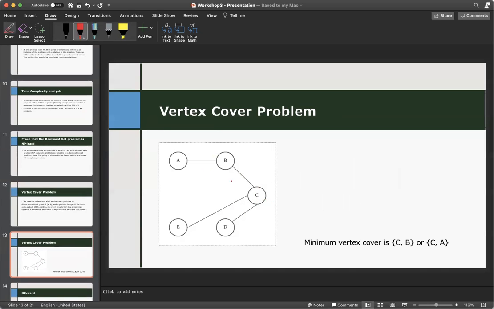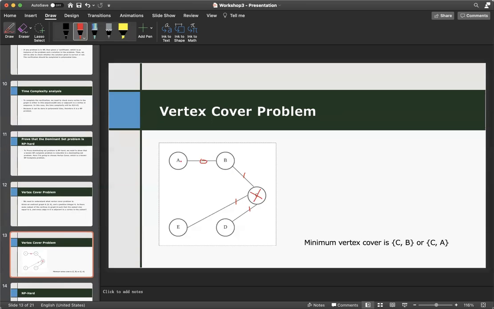All right, so basically what we are looking for is the vertex that covers the most edges. So for this graph, I will choose vertex C because, as you can see, it covers 3 edges: this one, this one, and this one. Right now, the only edge left in this graph is this one.